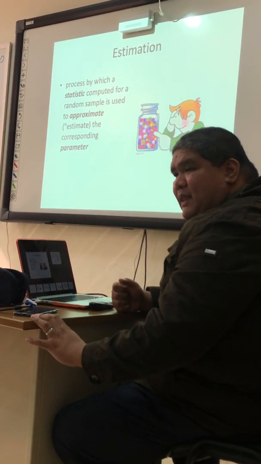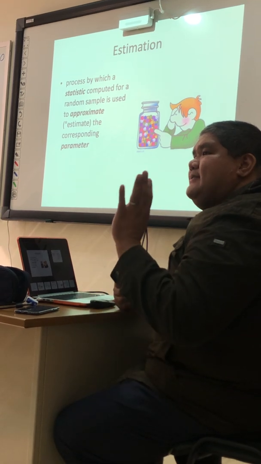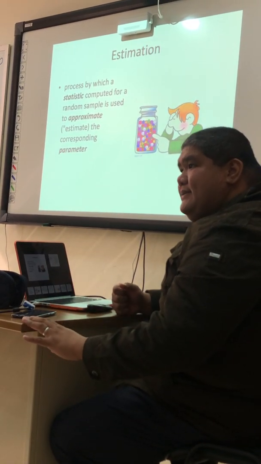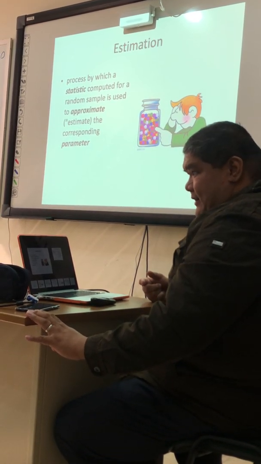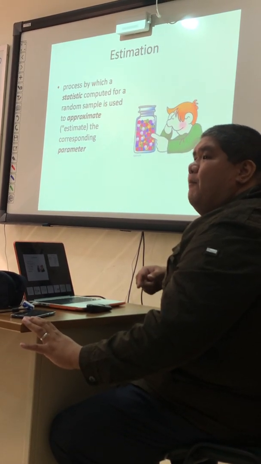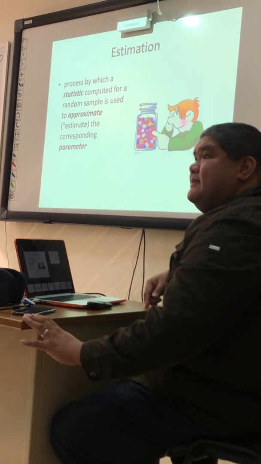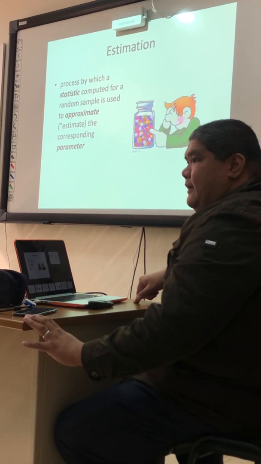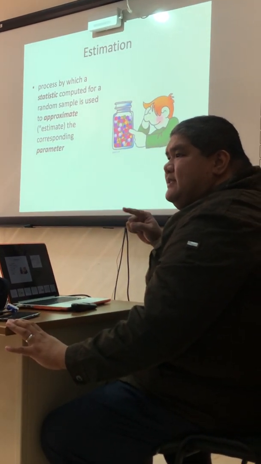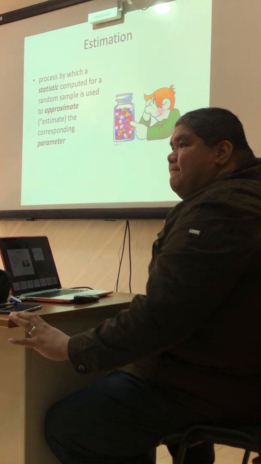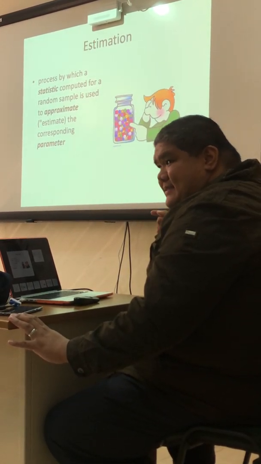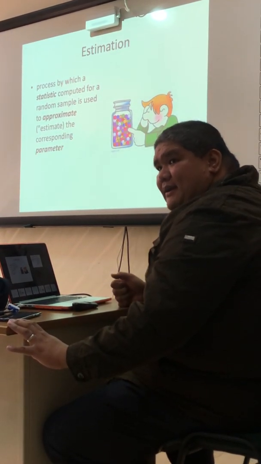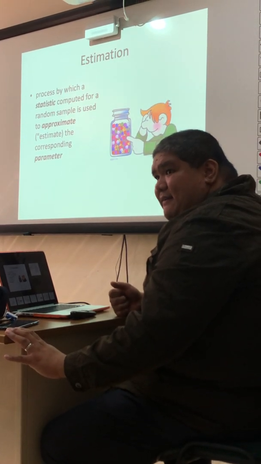Therefore, the estimator of mu is x bar. The estimator of capital P is small p. The estimator of sigma is S. Am I clear?